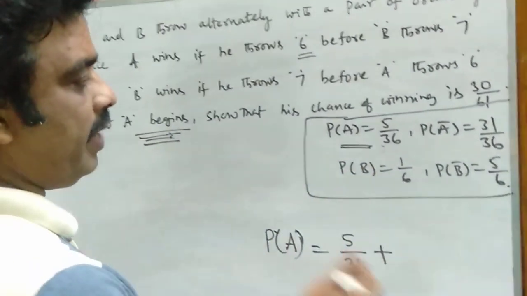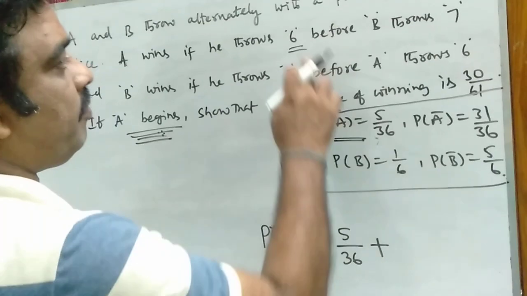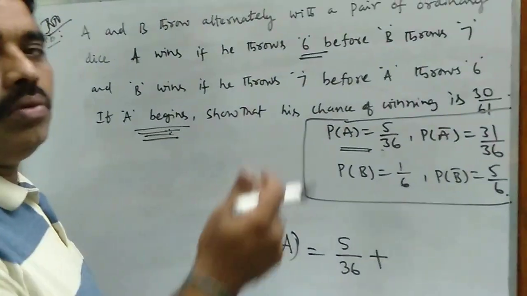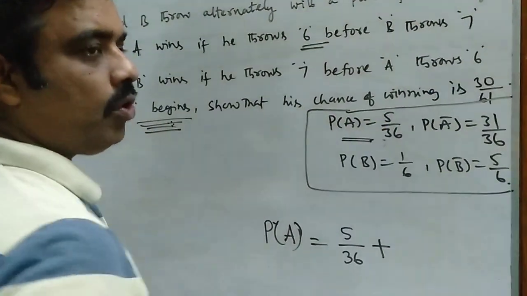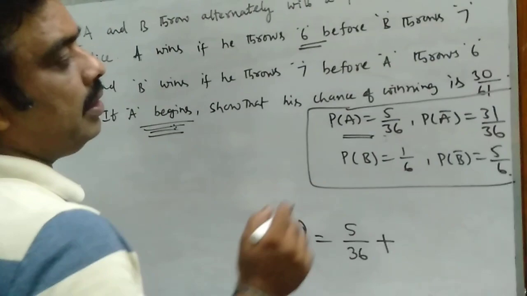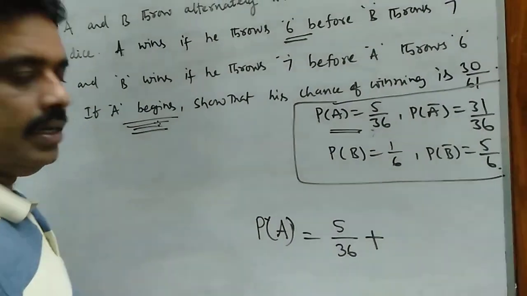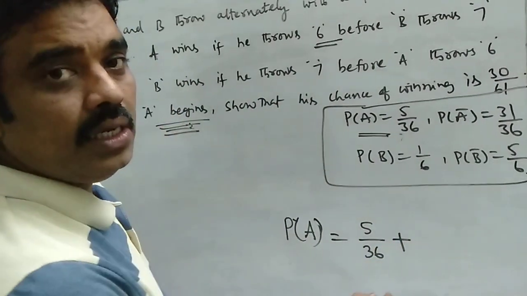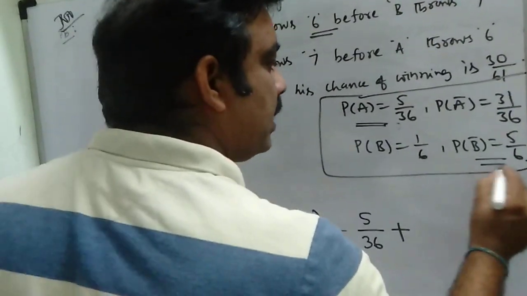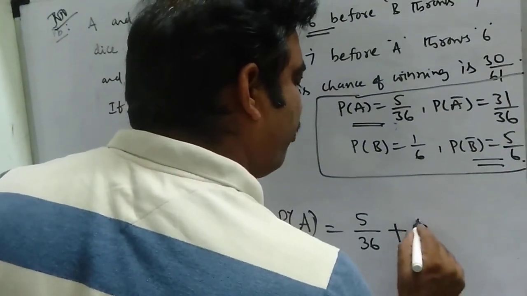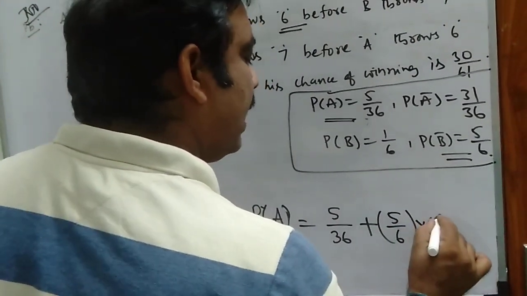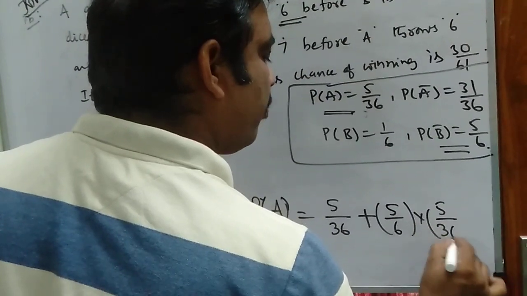The second trial goes to B. If he does not throw the value of 6, then the turn goes to B. If B throws 7, then he wins the game. But we are calculating the chance of winning of the candidate A. That means B should not throw 7, so the probability of not throwing 7 is 5 by 6, P of B bar, into, then A has to throw 6, that is 5 by 36.